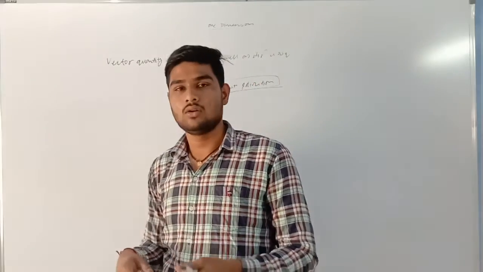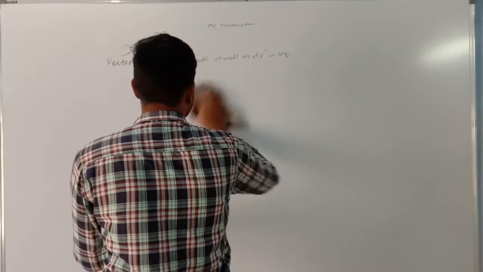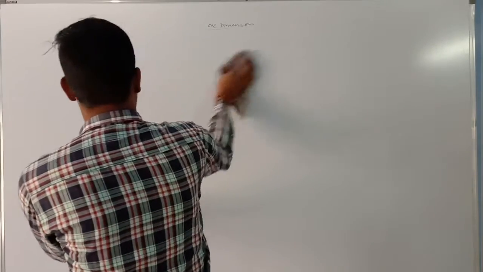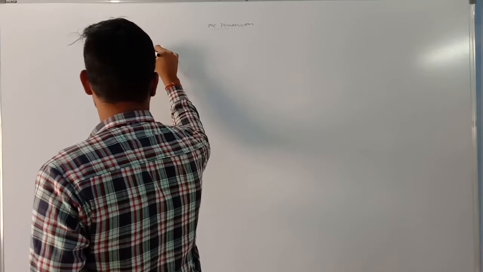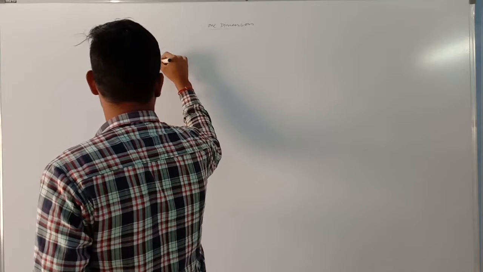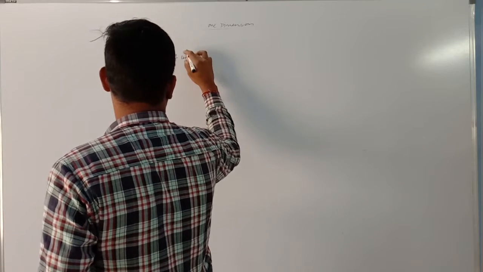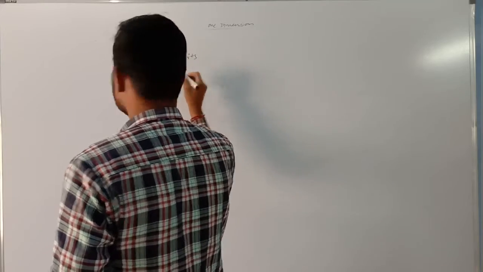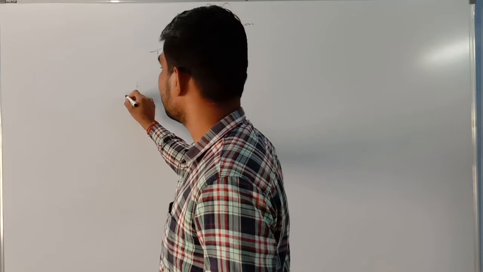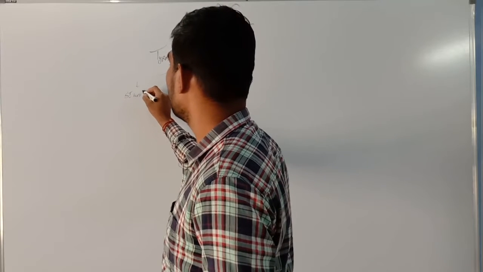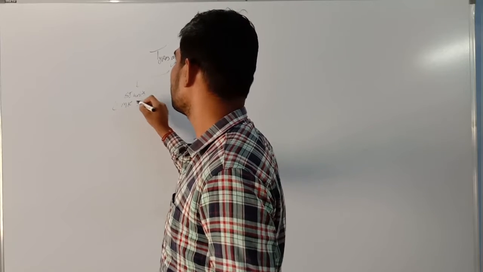Okay, now we'll go on to types of units. There are 3 types of units. First is SI unit, which is MKS unit.